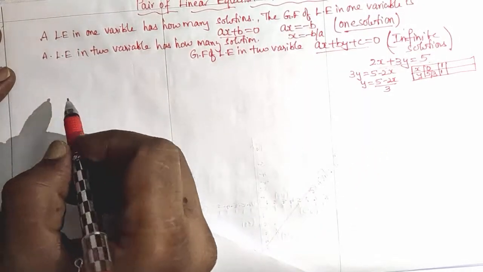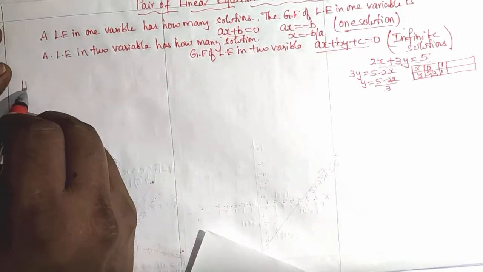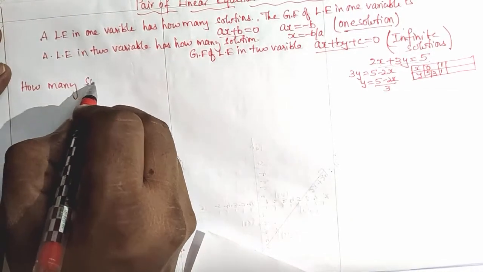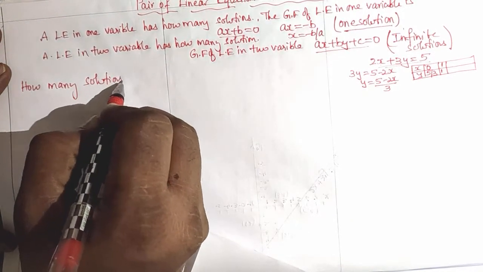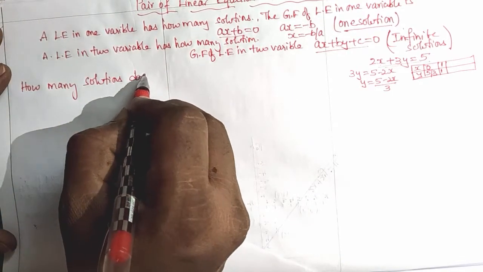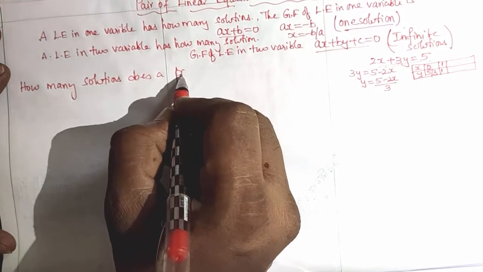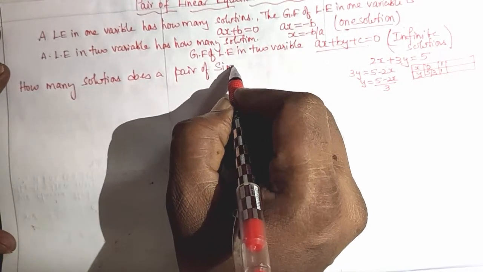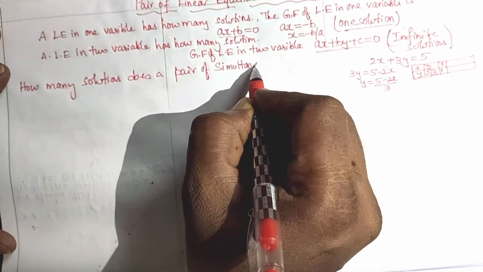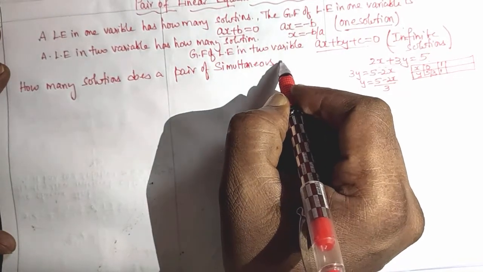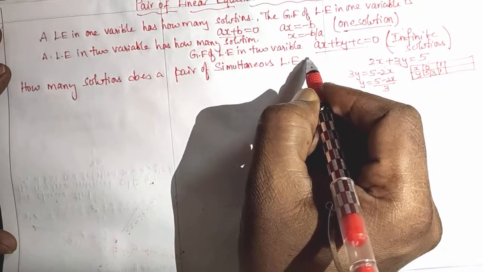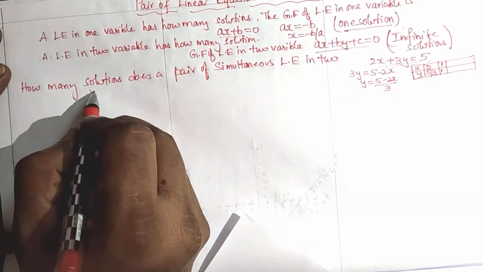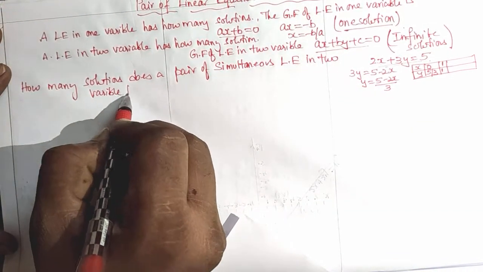Now, in this topic, we shall learn how many solutions a pair of simultaneous linear equations in two variables has.